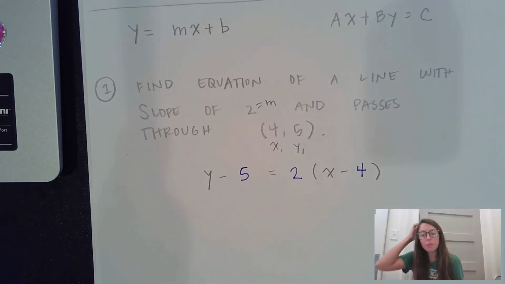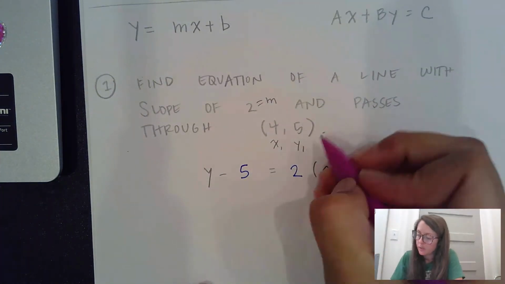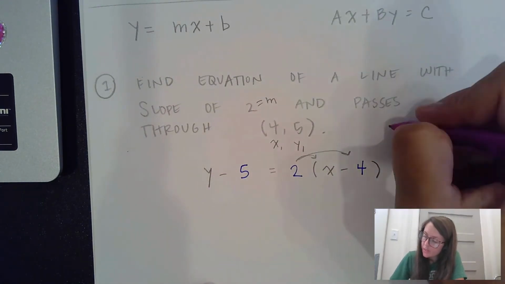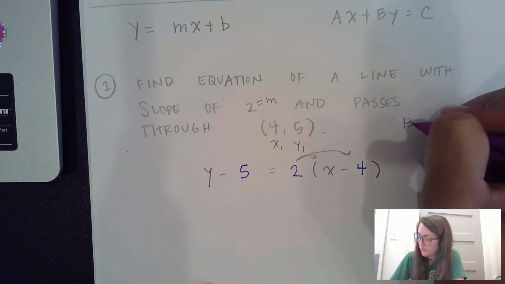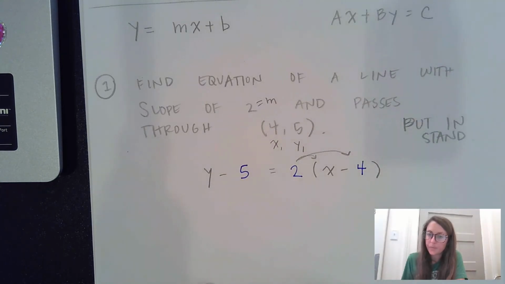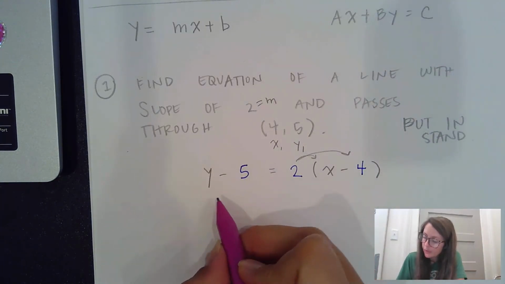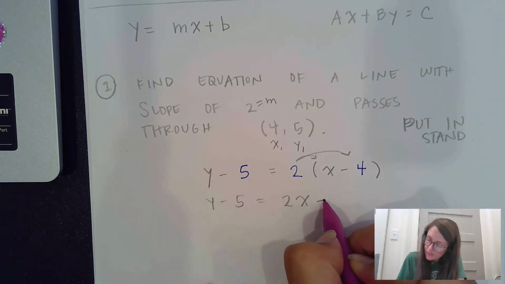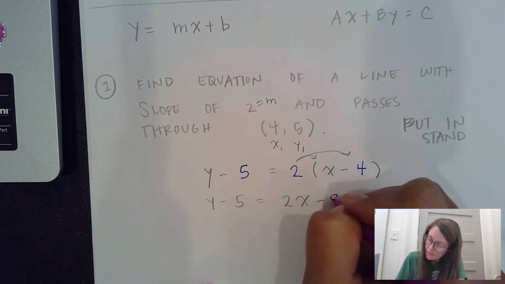Now that's the formula that you will use, and then you will simplify here. Oh, I'm sorry, let's put it in standard form. So here I would have y minus 5 is equal to 2x minus 8.